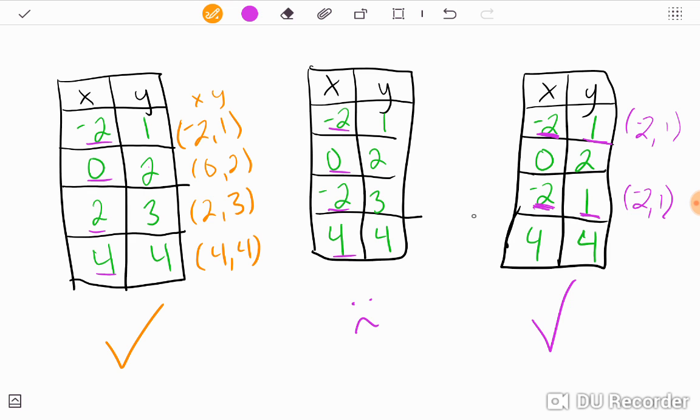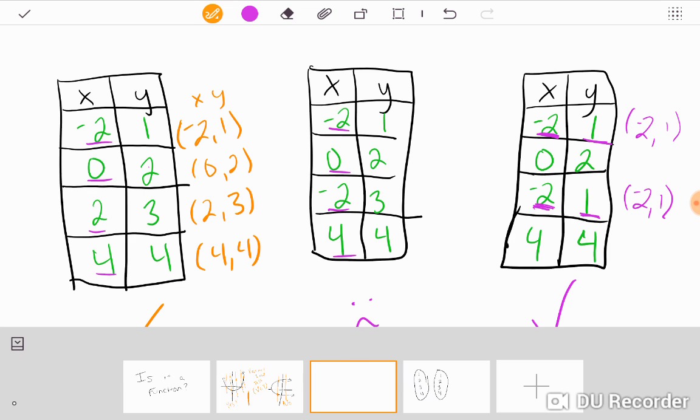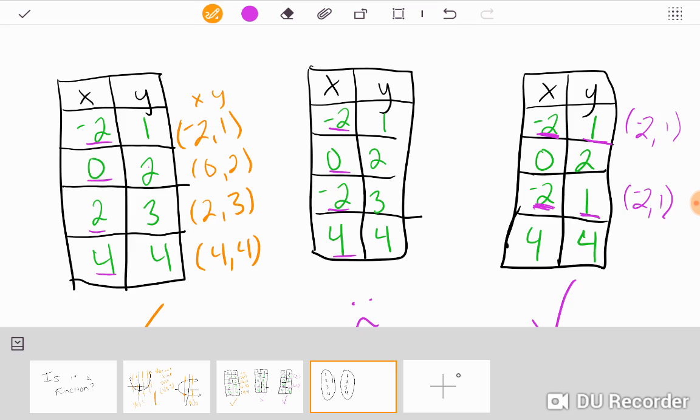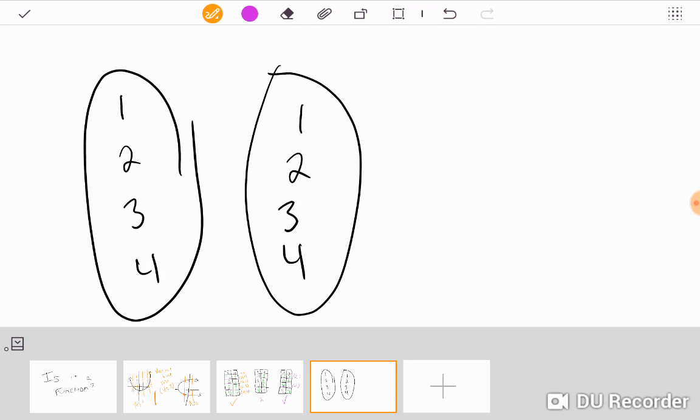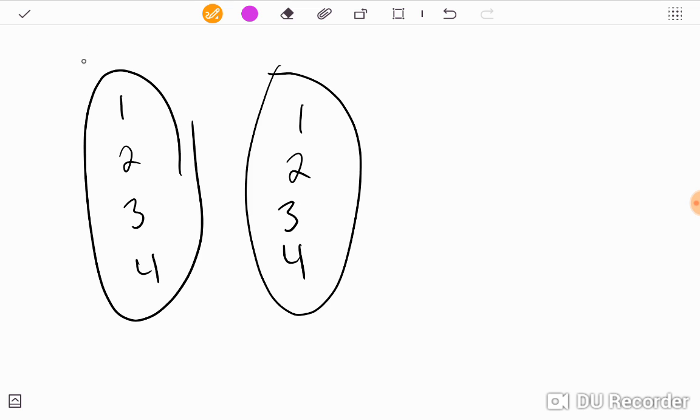There's one more type of problem I wanted to go over with you, and that is a mapping diagram. This is another way to write it. We have our domain and our range. The domain and the range, input, output, x, y, doesn't matter.